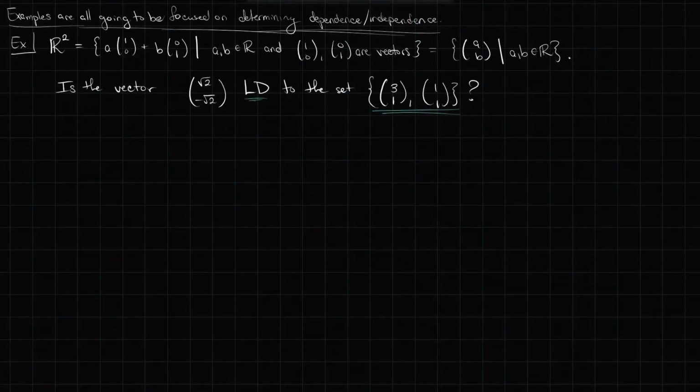Okay, so if we're going to do that here, we need to check (root 2, negative root 2), is that inside of, so I'm going to write the question mark over the existence symbol, the span of this set, (3,1), (1,1)? And what does the span look like? Well, it looks like all possible linear combinations.